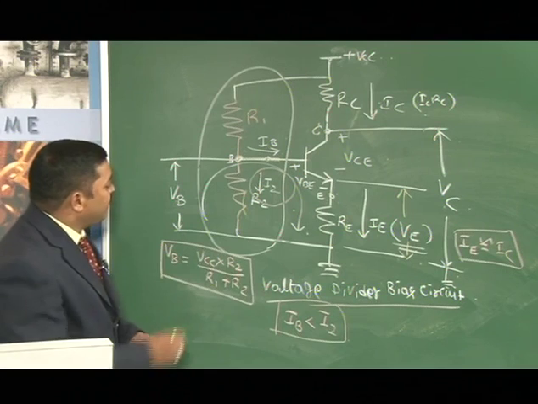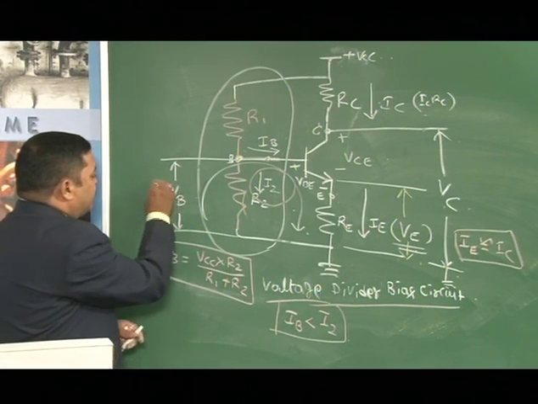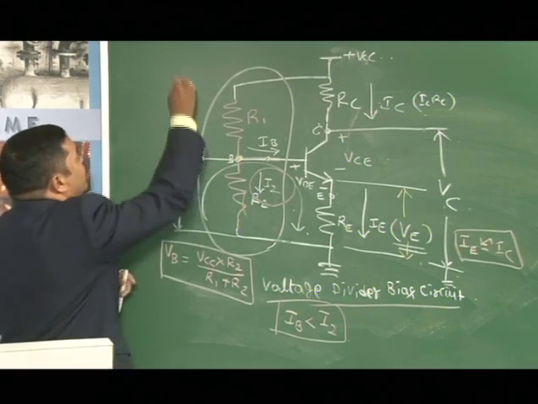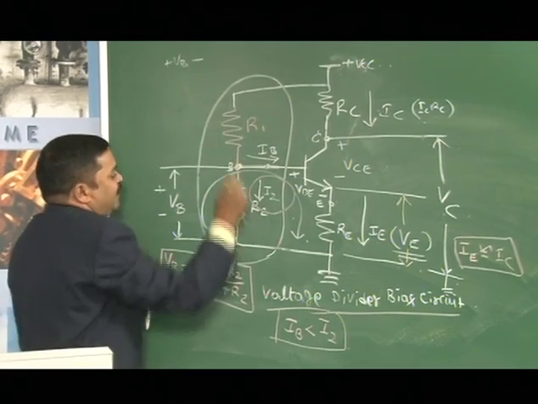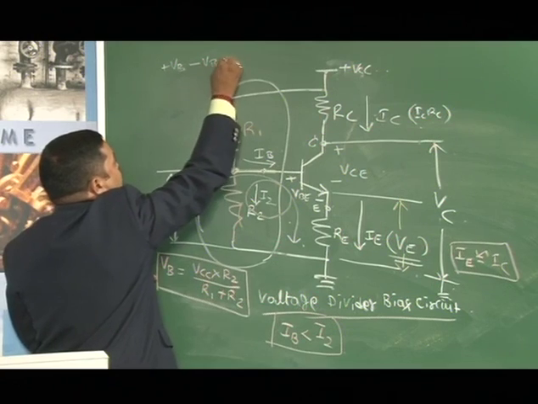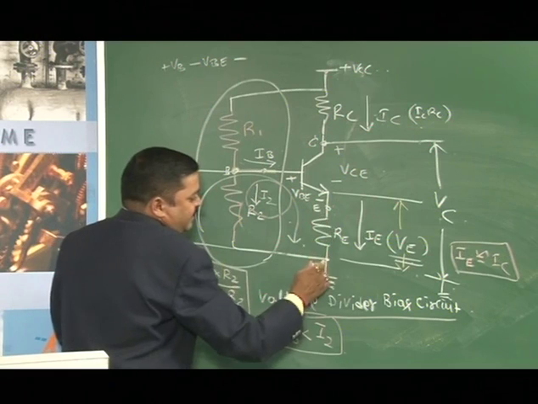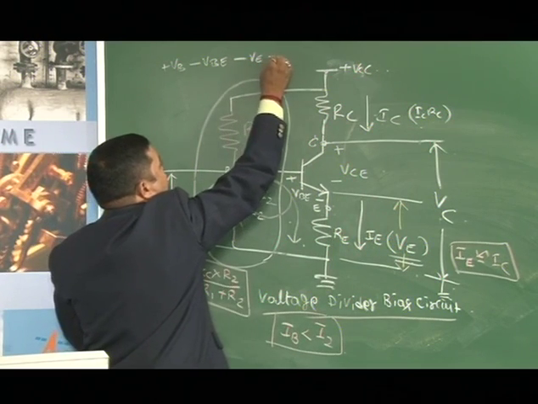When we apply KVL for this input loop, what we will get? Going from minus to plus we will assume it as positive, as I told you. So, it is VB minus VBE minus the voltage in this resistor, let me write it as VE, equal to 0.